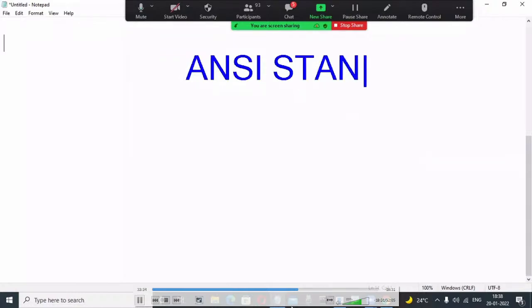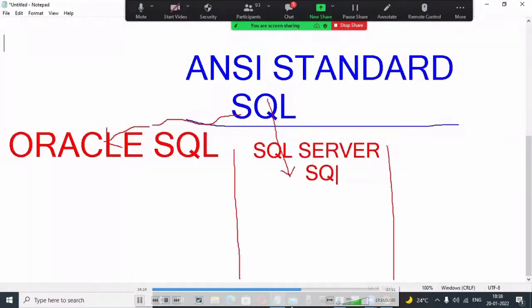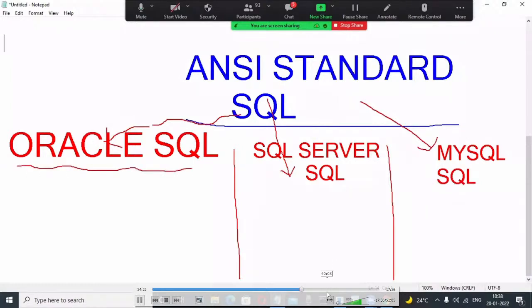Then SQL Server creates their own SQL language from this ANSI standard, and MySQL creates its own SQL as well. That's why in our class we are learning Oracle SQL. How do you differentiate all these SQL languages? Conceptually they are the same.